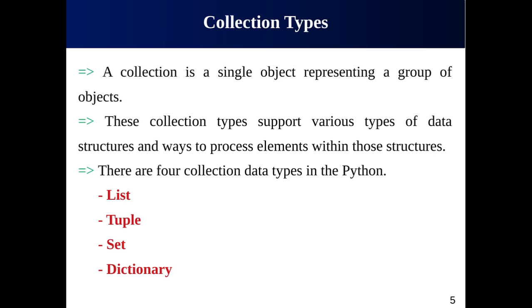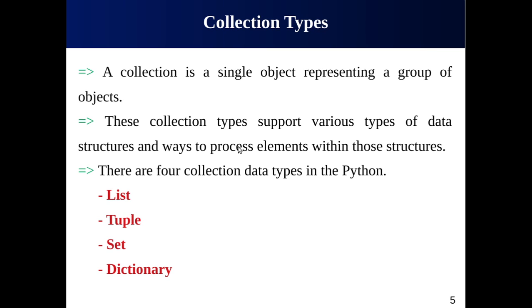Data structure is a subject which you will learn in third semester. Actually, it is a way of representing the data. For example, in a computer, you can represent the data in different forms like stack, queues, trees, graphs, list, etc. So these collection types support various types of data structures and different operations can be performed over these types.